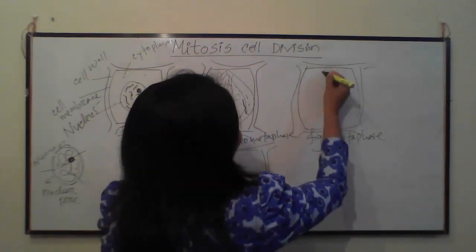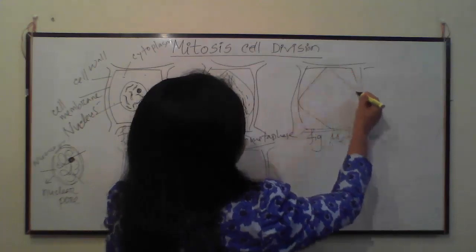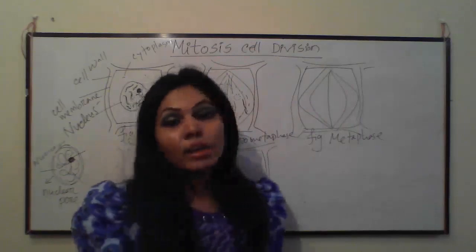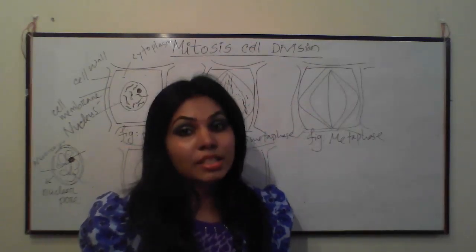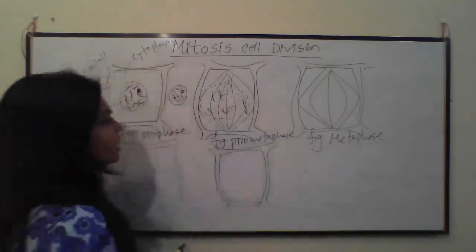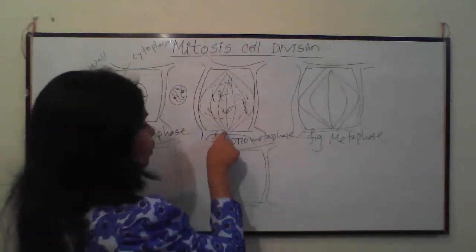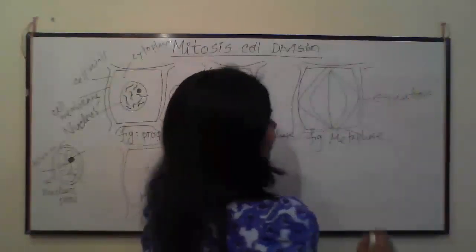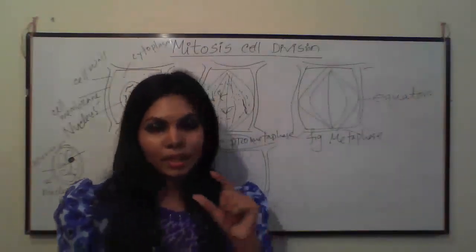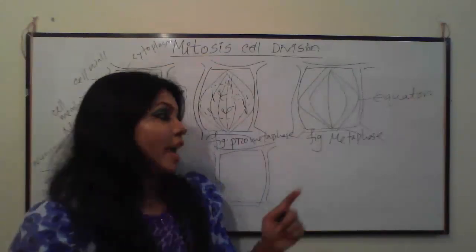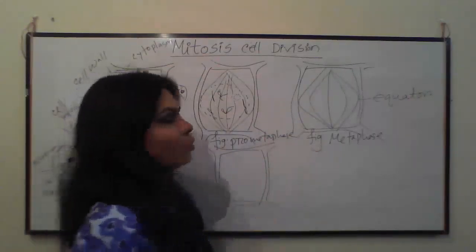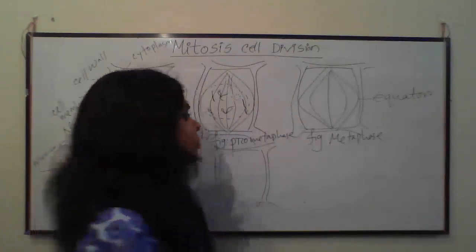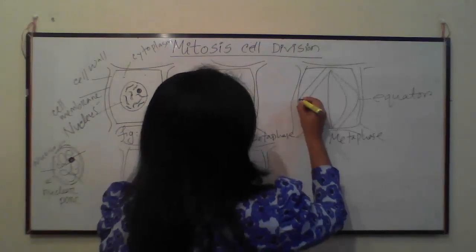Just the spindle fiber going from one pole to the other pole, and the chromosomes, the sister chromatids. Now all the chromosomes come to the equator, and become short and clear and thick, like this way.